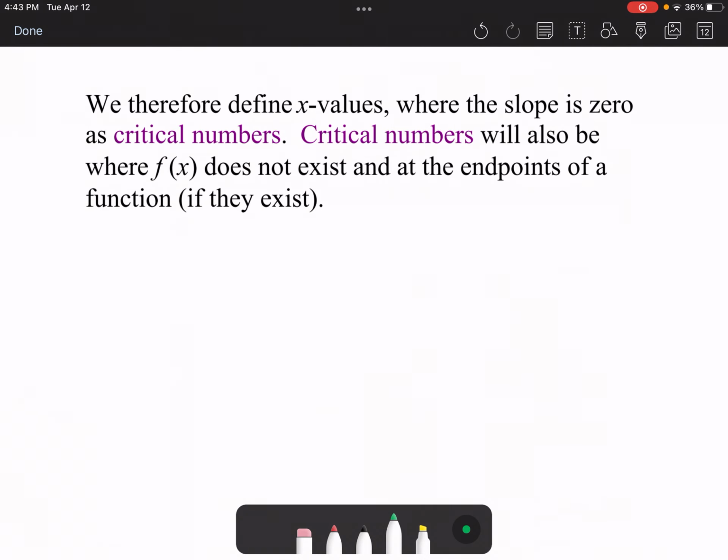So this comes now to what we call critical numbers. We therefore define x values where the slope is 0 as critical numbers. We'll also define critical numbers as where the function f of x does not exist and at the endpoints of the function if they exist.